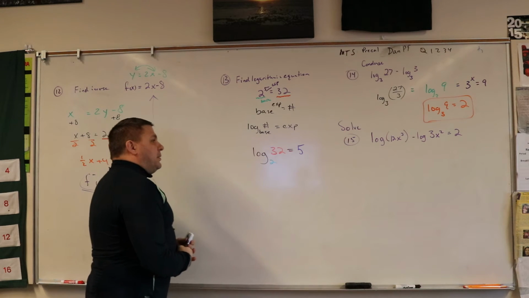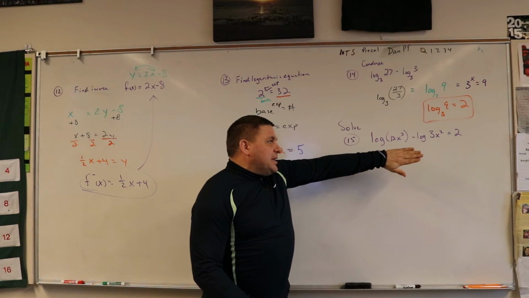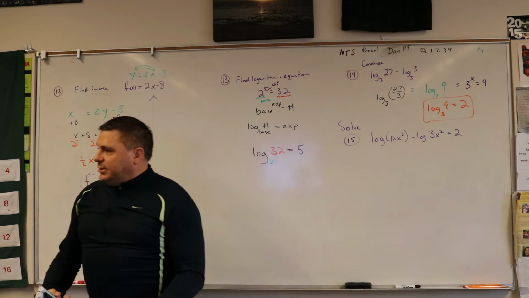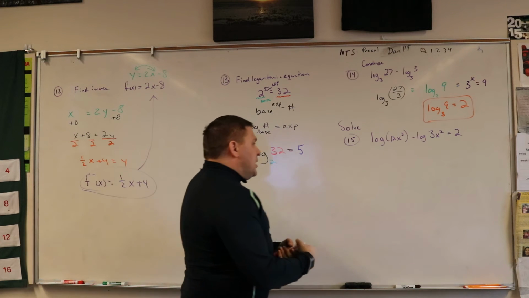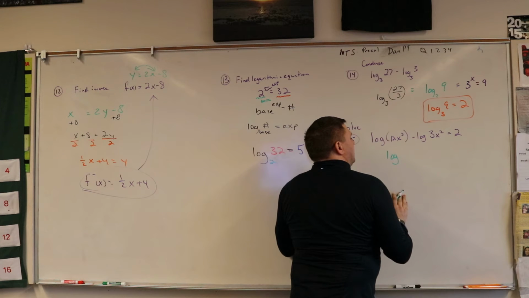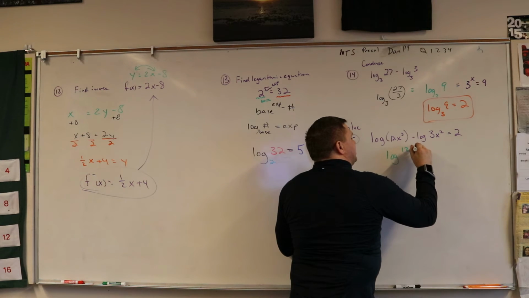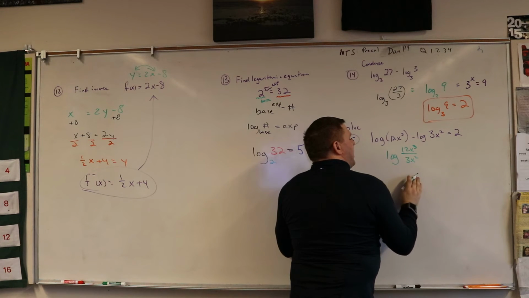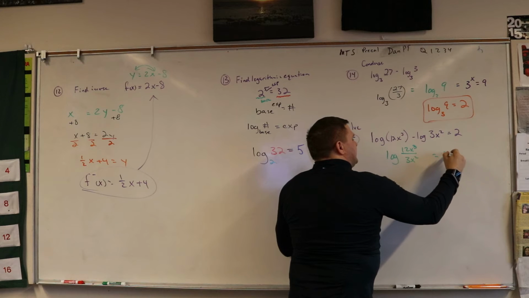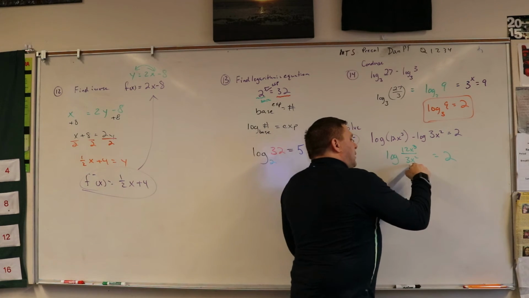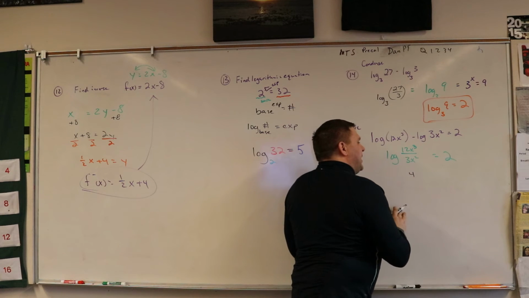Okay? Now, if we want to solve something like this, we want to use those condensing rules. Right? So our condensing rule is that log of 12x cubed is divided by, because it's subtracted, 3x squared. And that's going to still equal 2. Now, 3 goes into 12 4 times.